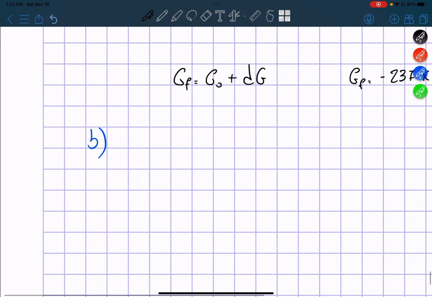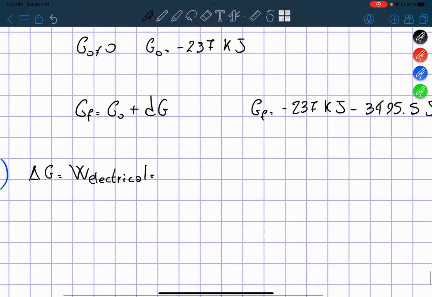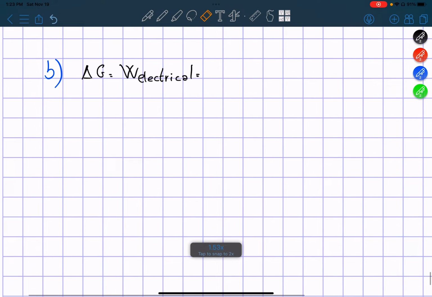So we can say that the change in Gibbs energy, delta G, will be equal to the electrical work. Here, using chemistry, we know that our reaction will be 1/2 O2 plus H2 equals H2O.